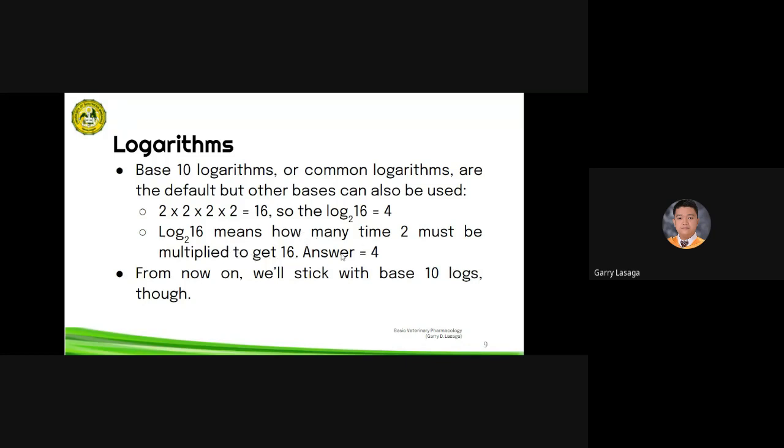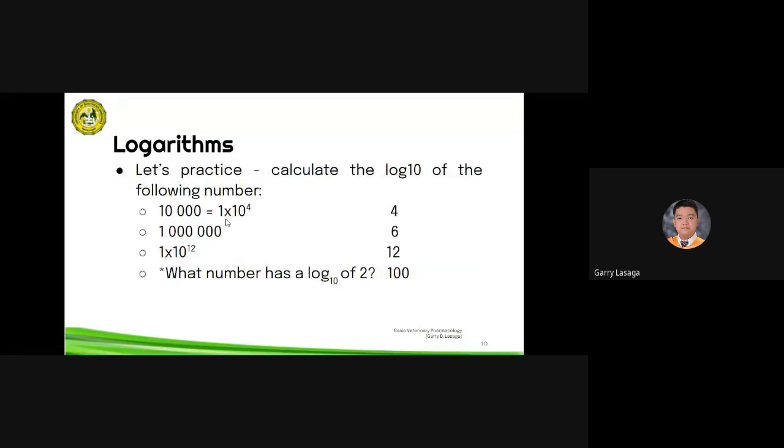In this case, we need to multiply 2 four times in order to come up with the number 16. But for this topic, for the description of our pH, we will use the base 10 log.